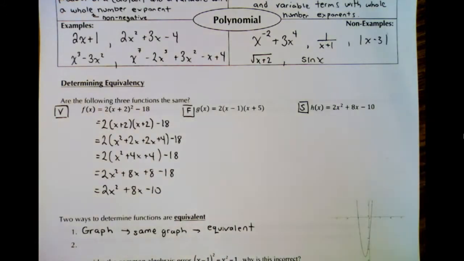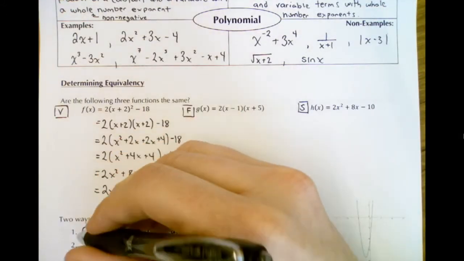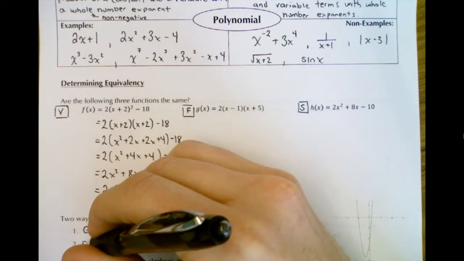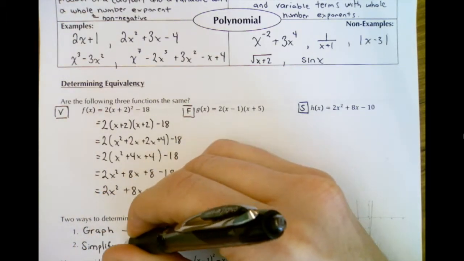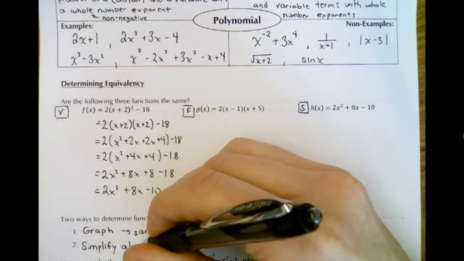So the second way to show that functions are equivalent is to simplify algebraically. And in this case, it meant expanding.